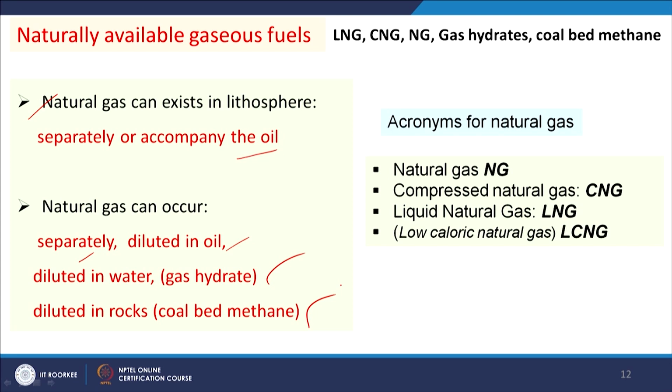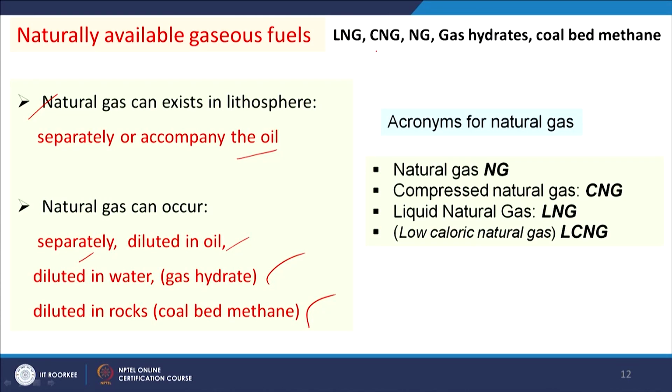So, these are the natural sources of gaseous fuels, and natural gas can exist in different forms. Some acronyms are natural gas NG, compressed natural gas CNG, liquefied natural gas LNG, and low calorific natural gas LCNG. So, these are the acronyms of natural gas.